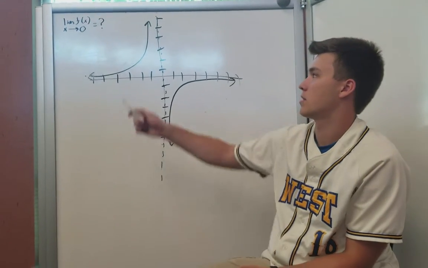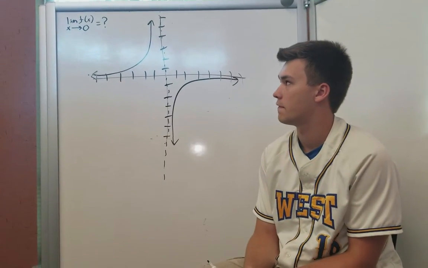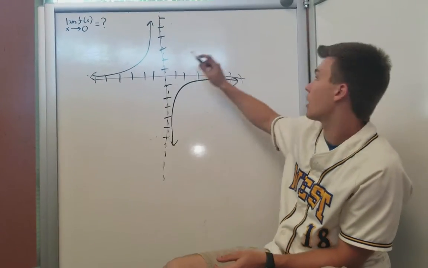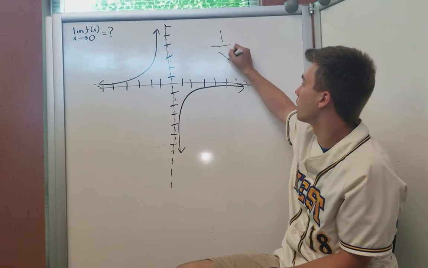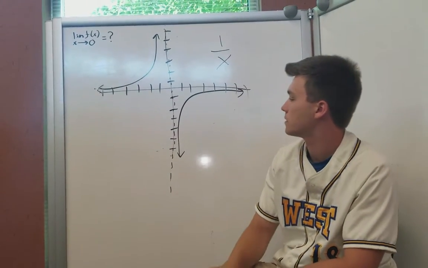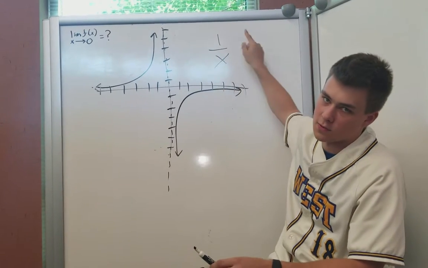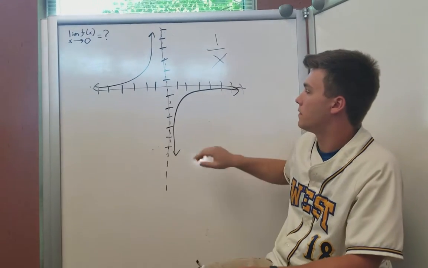For our next example, we have the problem limit of 1 over x as x approaches 0 equals what? And from this graph, we can tell this is a 1 over x graph because there's an asymptote at x equals 0, because 1 over x is undefined.